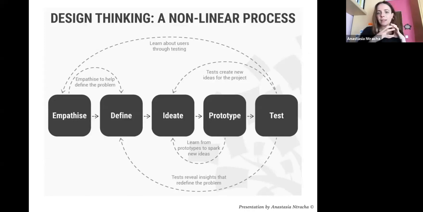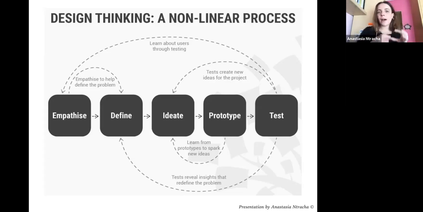After having that definition, you move to ideation, the process where you start brainstorming about the solutions and different ideas that can be brought to life to tackle the problem. Instead of following the paradigm of the big companies that ideate endlessly and work on making the best product, which takes a while, design thinking encourages us to do the ideation together with prototyping and testing very quickly.